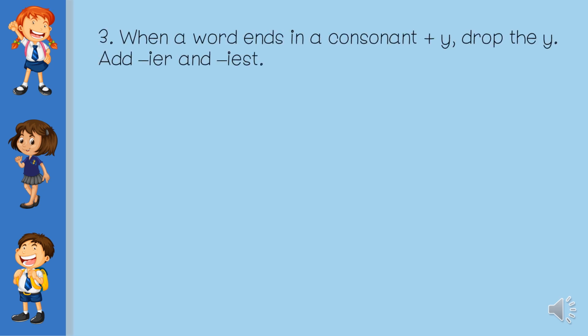Rule number 3. When a word ends in a consonant with a Y, remember consonant, medeklinker, and a Y, so there must be a consonant before the Y. We drop the Y, so we don't write the Y anymore. Then we add IER and IEST.